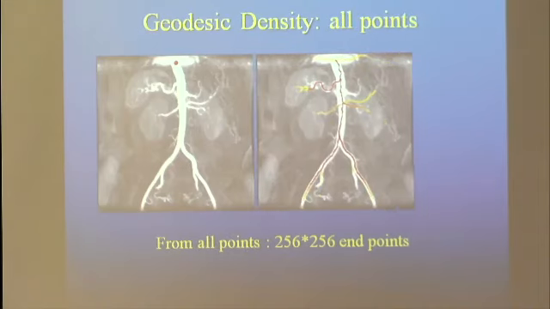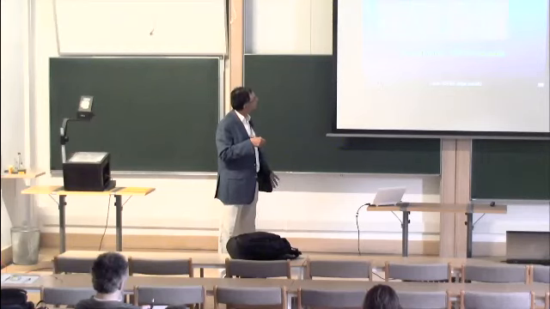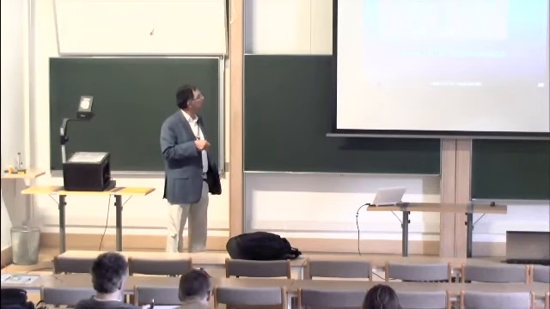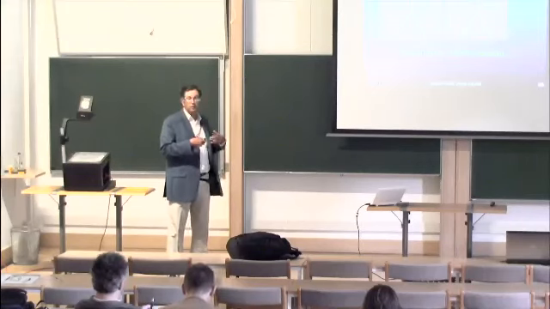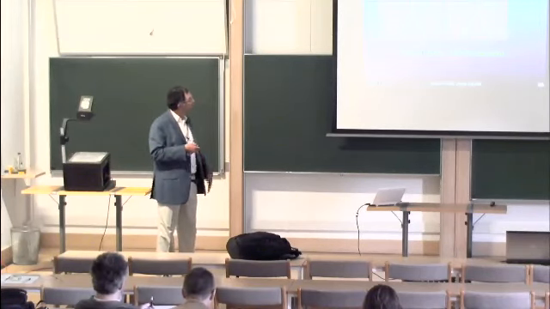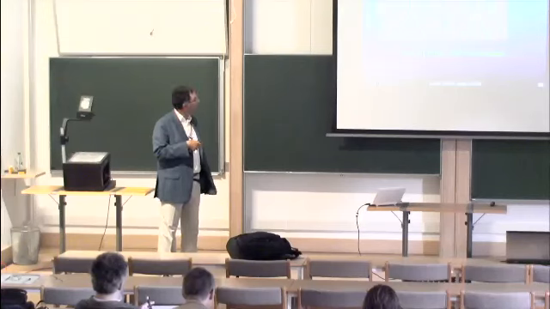So now if you use all points in the image domain, so you have 256 by 256, then you get some slightly different result, but still you have branches you don't get because there's too much information. The vote is smoothed too much.